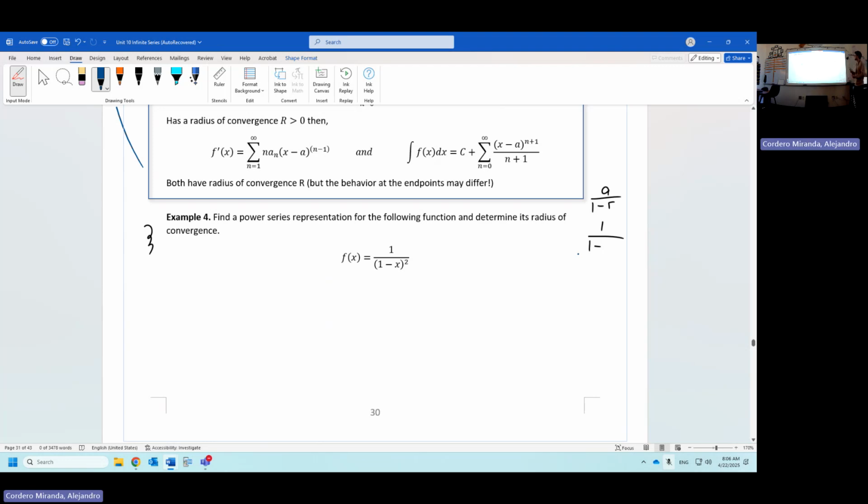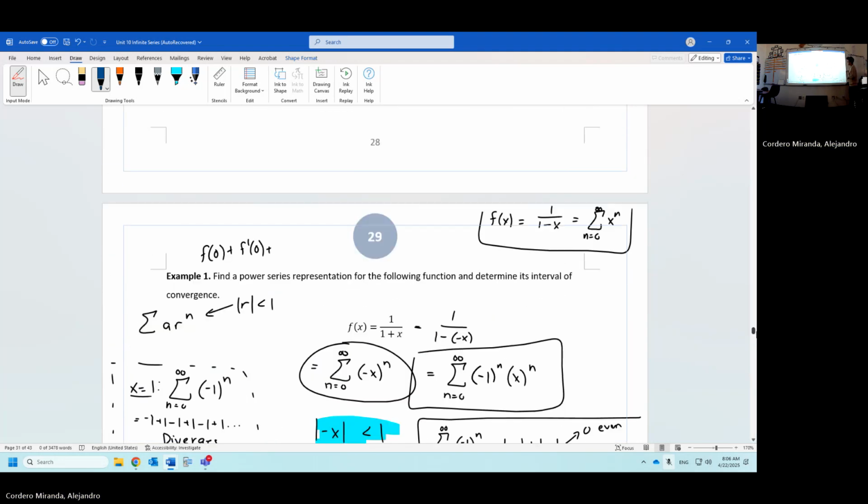Find a power series representation for the function and determine its radius of convergence. Oh, by the way, I've been meaning to say that for all these problems, like in this first one, these were little leftover notes that I forgot to erase from last year.